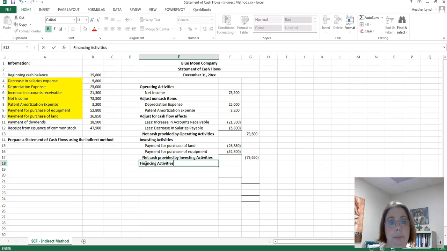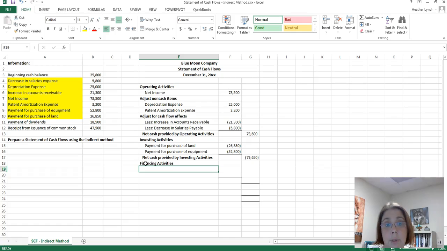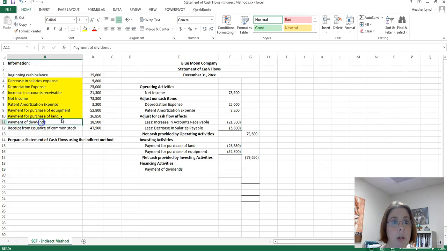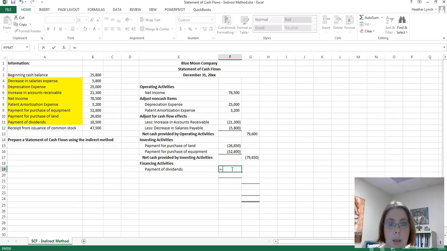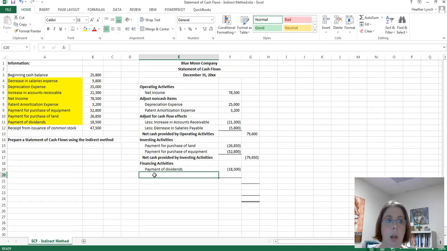financing activities. Okay, we have two things here. Payment of dividends. We're paying our shareholders. Okay, it's a payment, so it's a negative $18,500. Receipt from issuance of common stock.